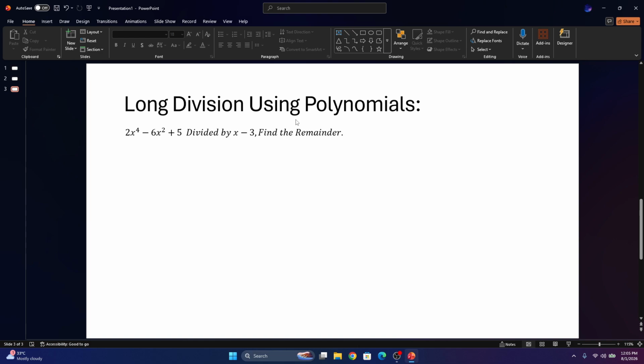Because later on in the chapter, we will learn some theorems, the remainder and the factor theorems, that will allow us to find the remainder easier. However, if we are asked to find the quotient, then we have to take the method of long division.